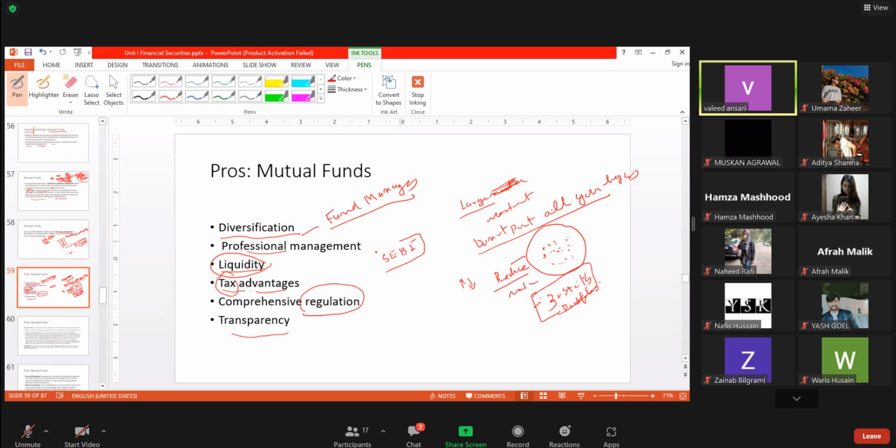And their portfolio and their operation are very transparent. They have to disclose where they have made investment. So that is why the mutual fund provides the benefit of large investment, which is not possible for a small investor. By buying a very small amount, one can reap the benefit of large investment and can avail of the services of professional managers as well.